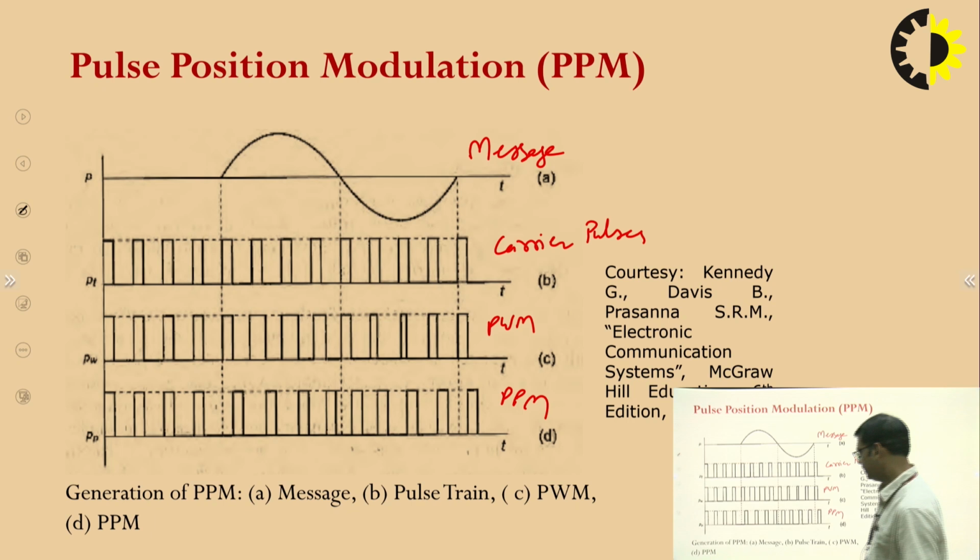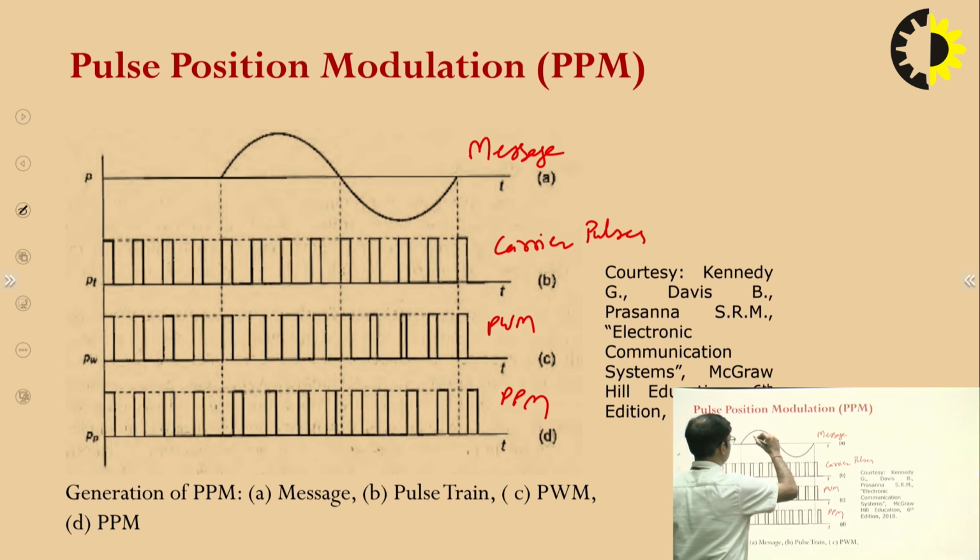Let us see here. When the amplitude of the message signal is positive, in that case the position of the PPM signal will shift to the right hand side. Here the position of the pulse will shift towards the right hand side.